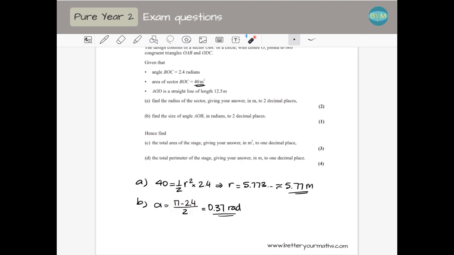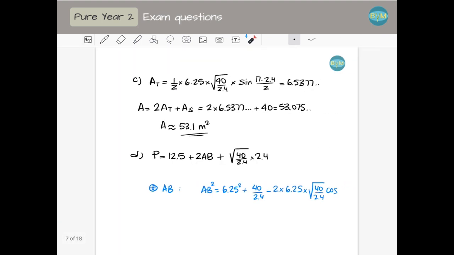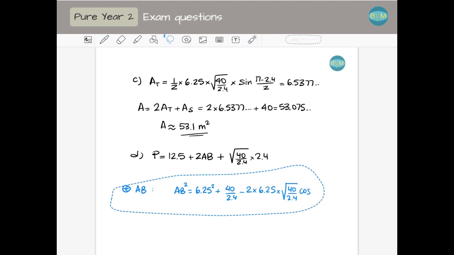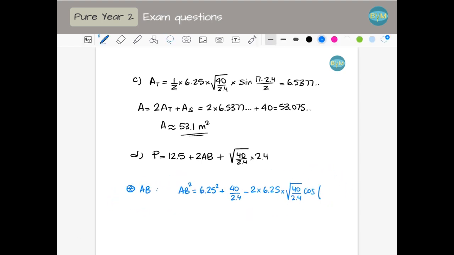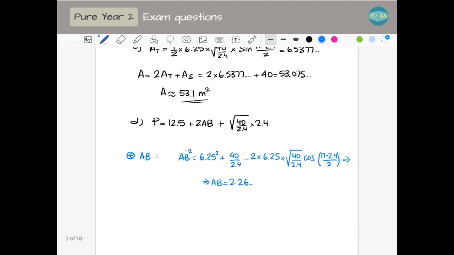So that's what you're going to put in the calculator: cos of pi minus 2.4, divided by 2. And from here you find that AB is 2.26.